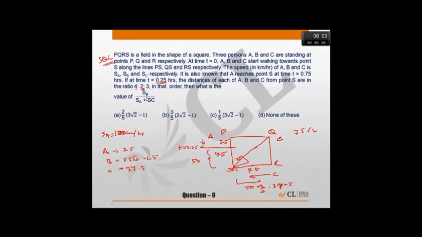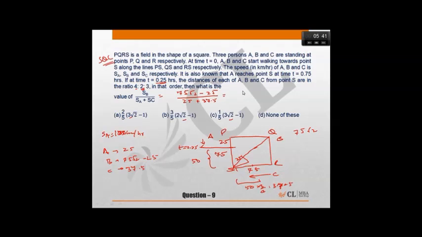The ratio of speeds will be equal to the ratio of distances covered, so this should be equal to (75 root 2 minus 25) upon (25 plus 37.5), which is 62.5.